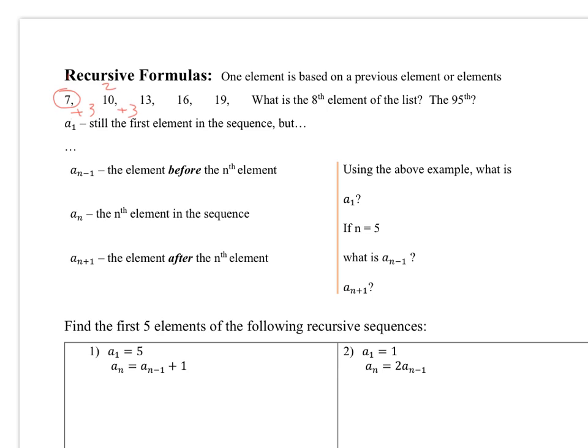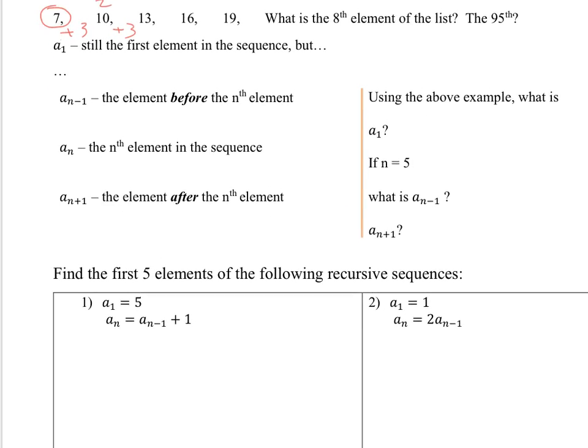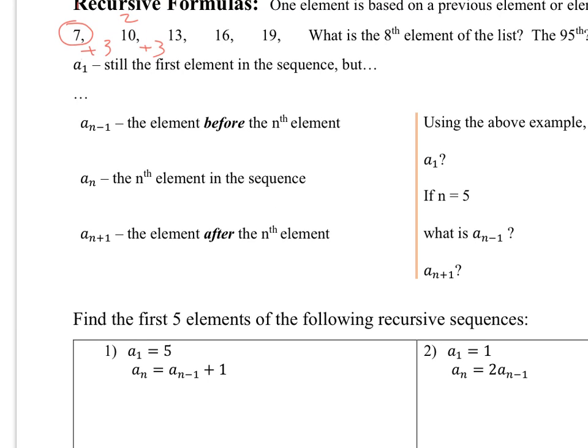Tomorrow we're going to discuss how to find an explicit formula for it, but right now we're going to talk about recursive formulas. So that just means you have to know what n is. So n is the nth term that we're on. The one before it is n minus 1, and the one after it is n plus 1. So for example, if this is a sub 3, the one before it is a2, the one after it is a4.